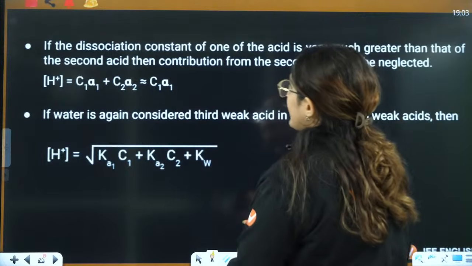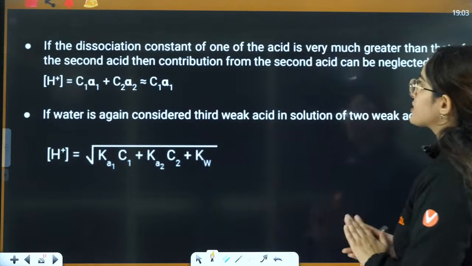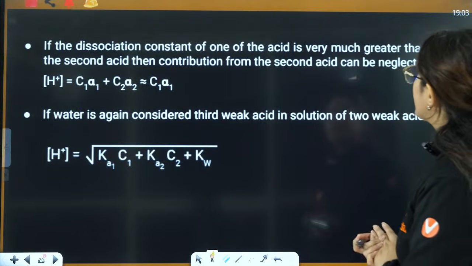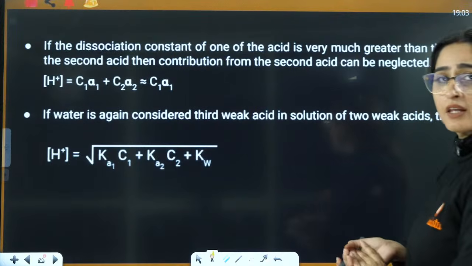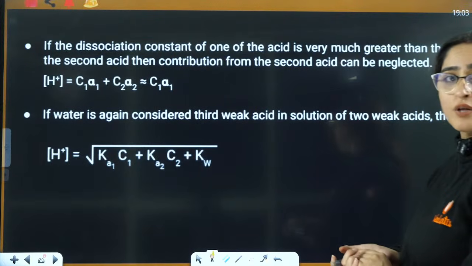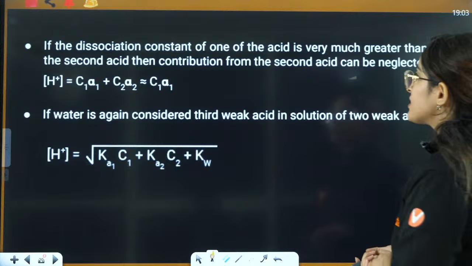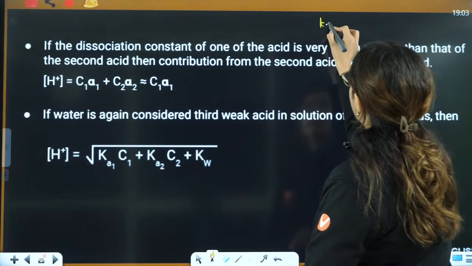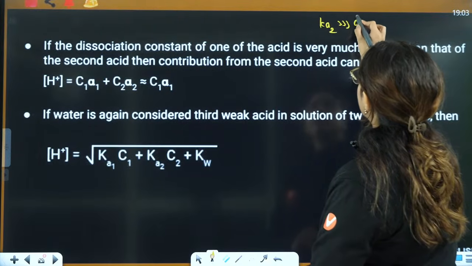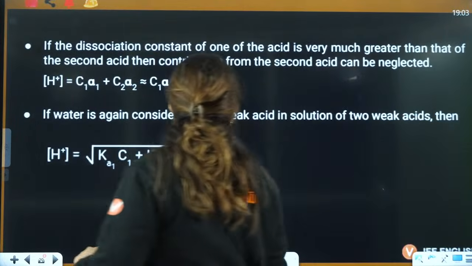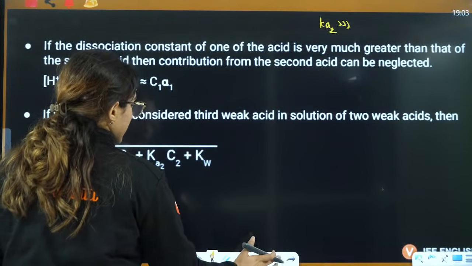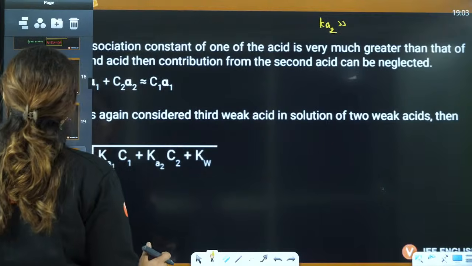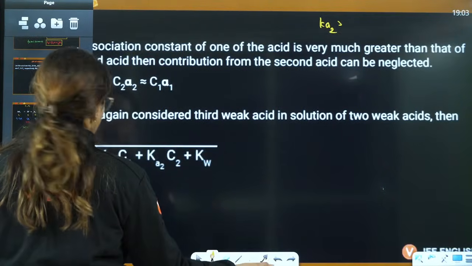Now, if the dissociation constant for one of the acids is very high, let's say Ka2 is very much greater than Ka1, and also, what is the value of Ka2 and Ka1?